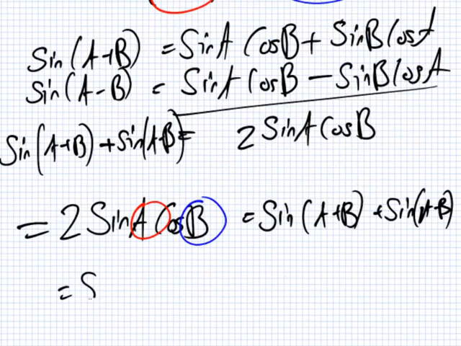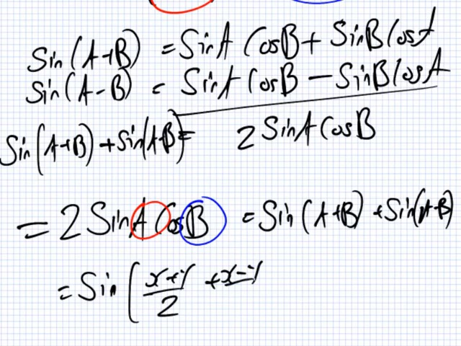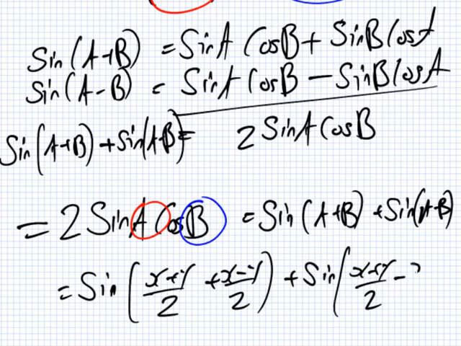So that would be sine x plus y over 2 plus x minus y over 2 plus sine x plus y over 2 minus x minus y over 2.